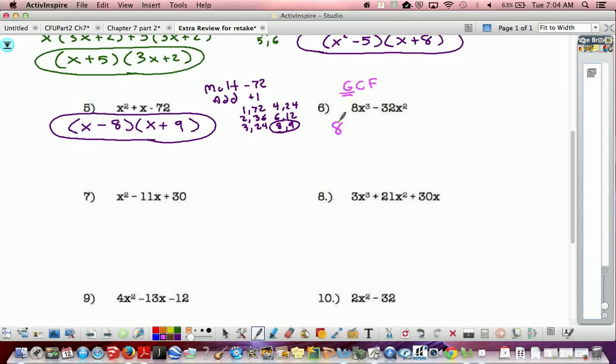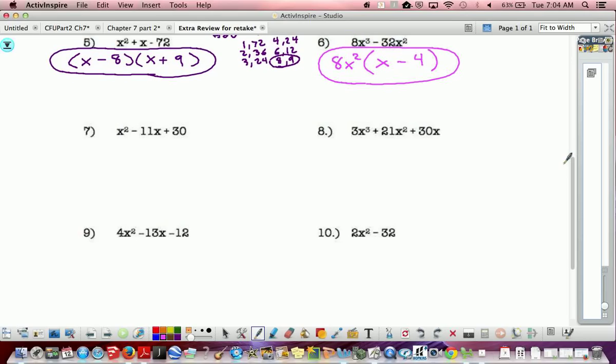They both share an 8, and they both share an x squared. So when I pull those both out of each term, I'm left with just x, and I'm left with minus 4. I know that 4 is a perfect square, but x is not a perfect square. It'd have to be x squared if I had to continue. I am done. So sometimes greatest common factor, that's all I need to do.